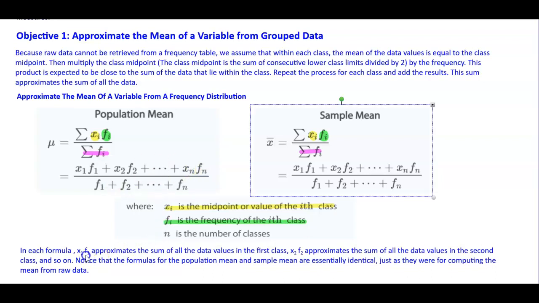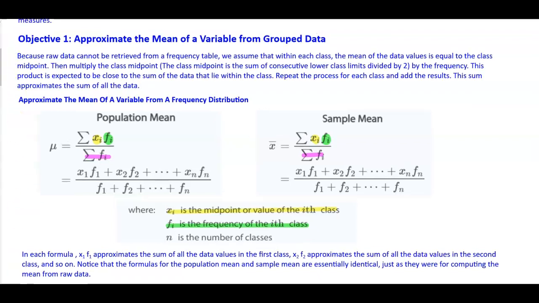In each formula, the midpoint times the frequency approximates the sum of all the data values in the first class, and the midpoint 2 times frequency 2 approximates the sum of all data values in the second class, and so on. Notice that the formulas for the population mean and sample mean are essentially identical, just as they were for computing the mean from raw data.